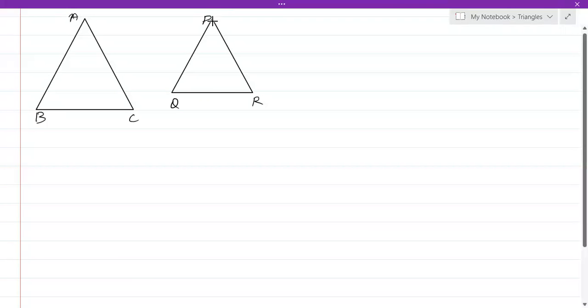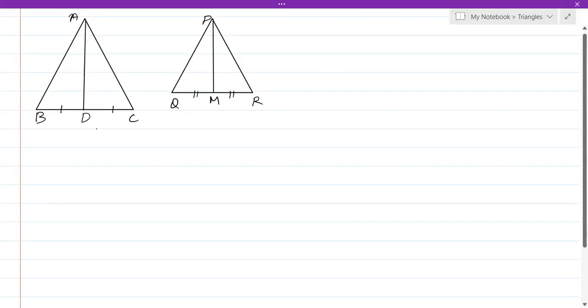So let's draw the median also. PM is the median, and AD is the median. So here it is D, and here it is M. So if AD is the median, then D will act as midpoint, and M will act as midpoint here.